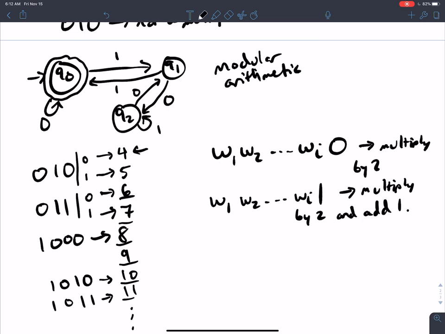What we're doing here is looking at all of the remainders with respect to the number that we're considering, which is 3 in this case. So it could either be a remainder of 0 if we divide by 3, a remainder of 1 if we divide by 3, or a remainder of 2 if we divide by 3.